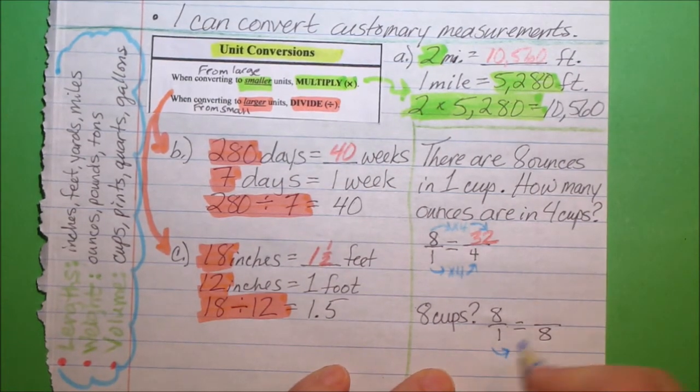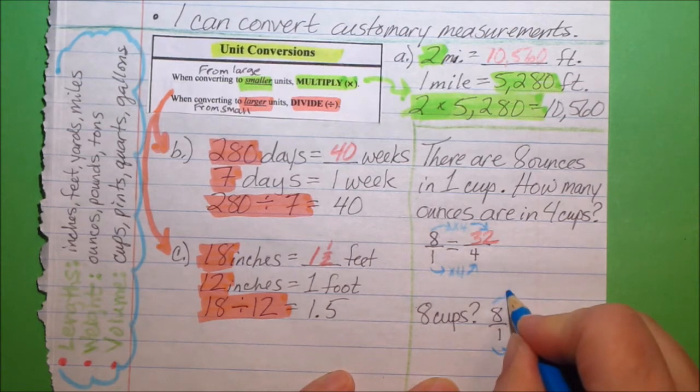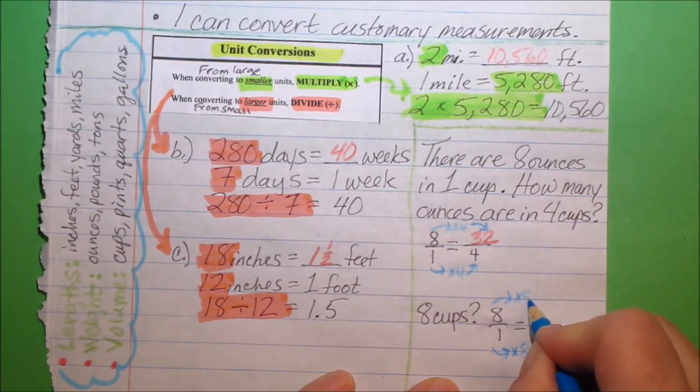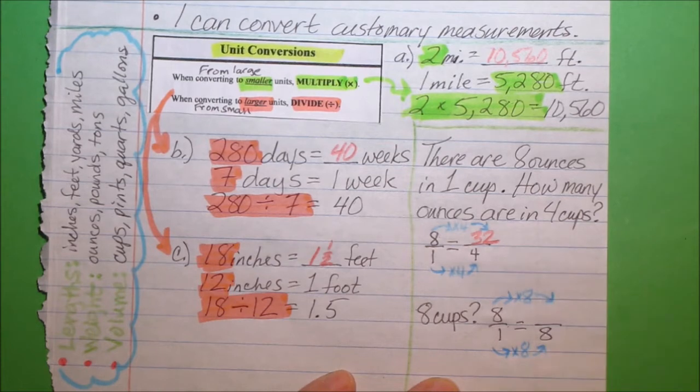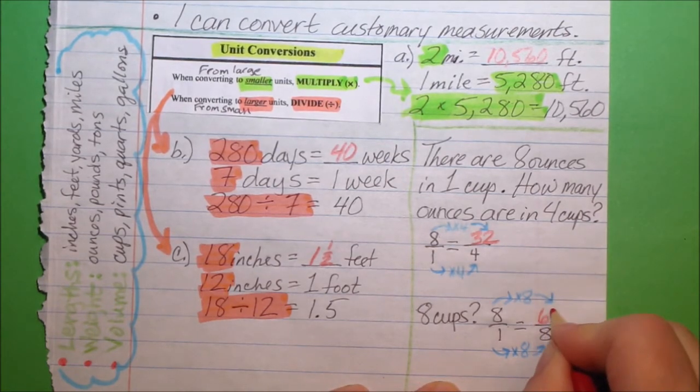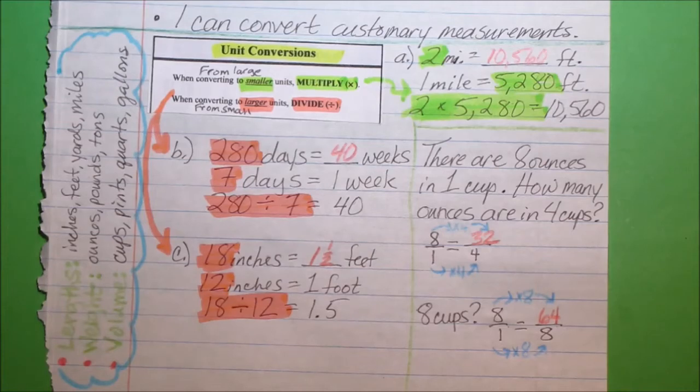I had to multiply it by 8. Right, what you do to the bottom, you have to do to the top. So I have to multiply this times 8, and that gives me 8 times 8 is 64. So it's just building equivalent fractions to figure out these kinds of conversions.